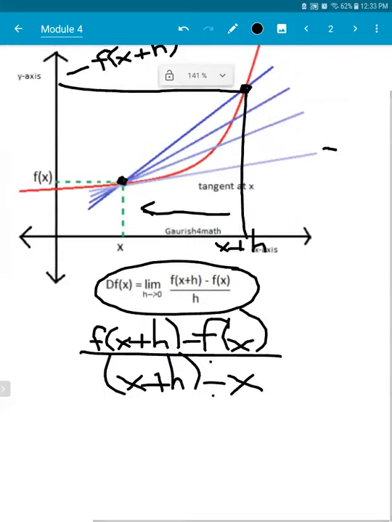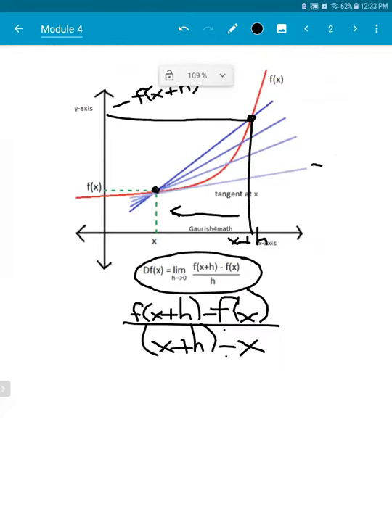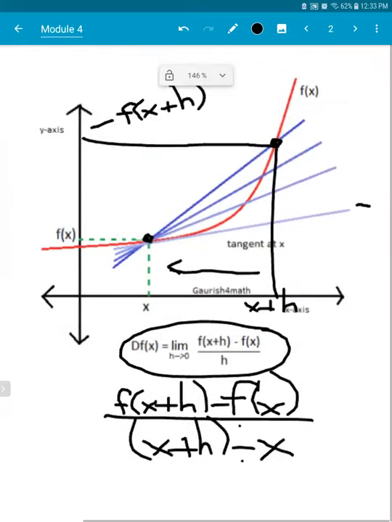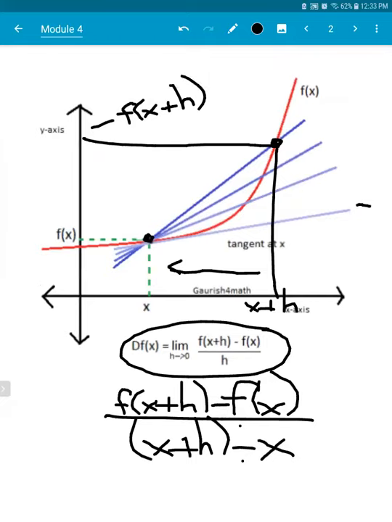Okay. Anyway, the floor is ready. And as I was saying to myself, this is the secant passing through the tangent and another point on the curve. It's just an arbitrary point. And so we get the y coordinates f of x for x and f of x plus h for x plus h.